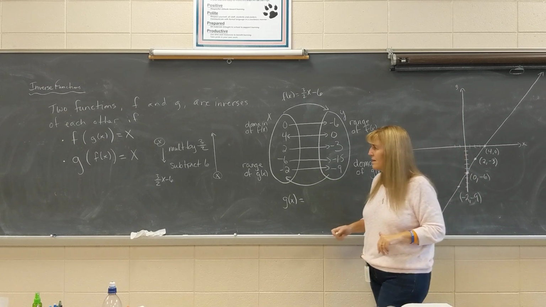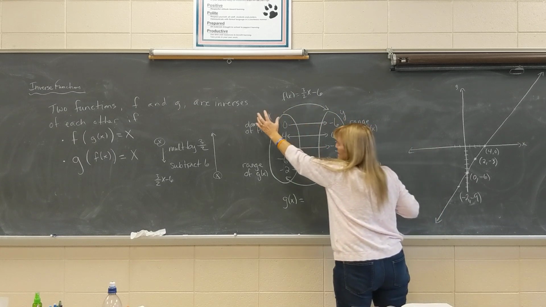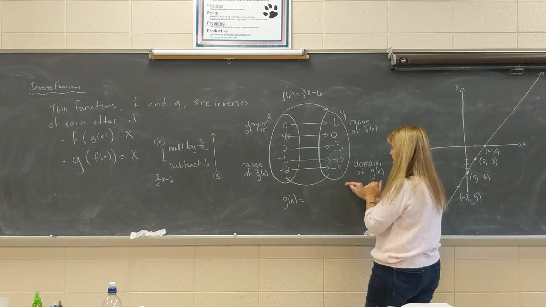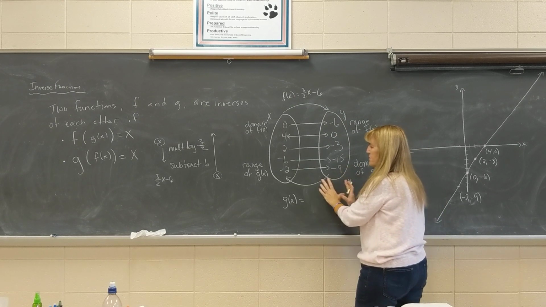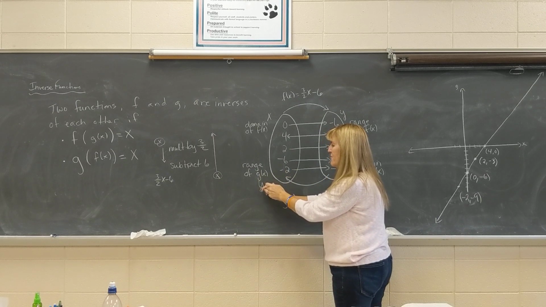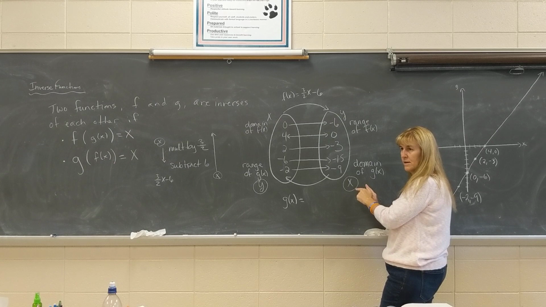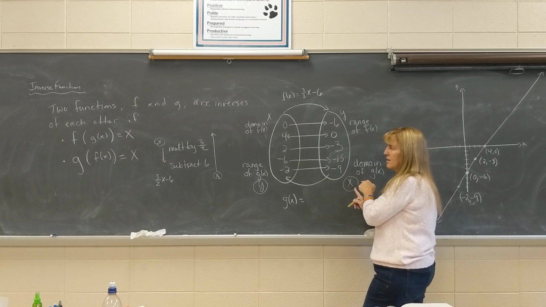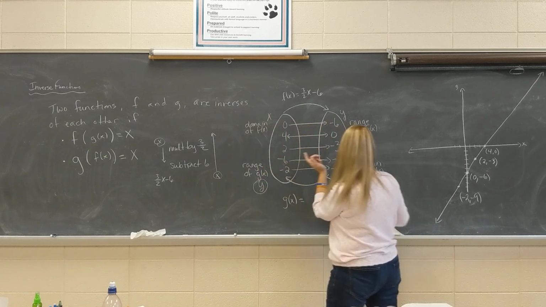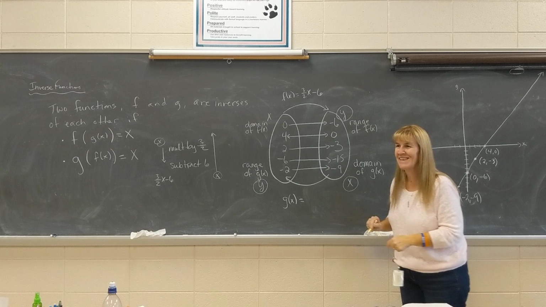The y value that I got when I put my domain x value through the function f becomes the x value that I'm going to use through the function g to come out here. And these will be the y values in g. These are gonna be the x values of g. So the x values of g are actually the y values of f. They're the same thing.